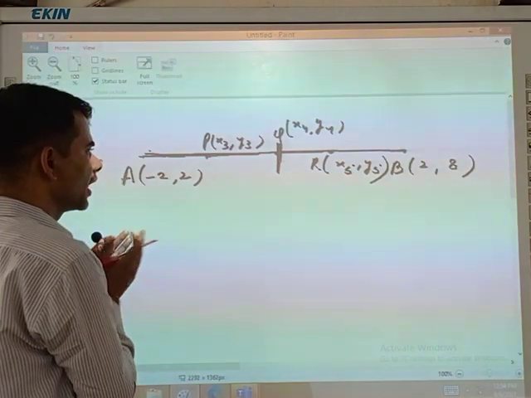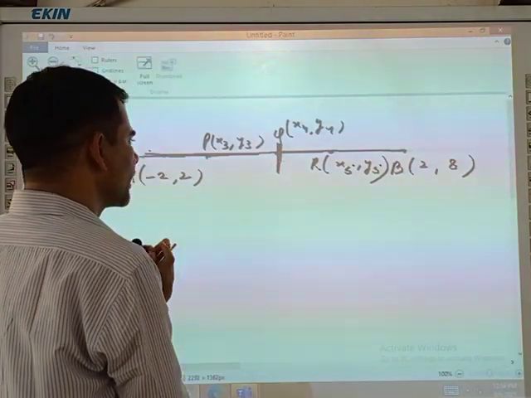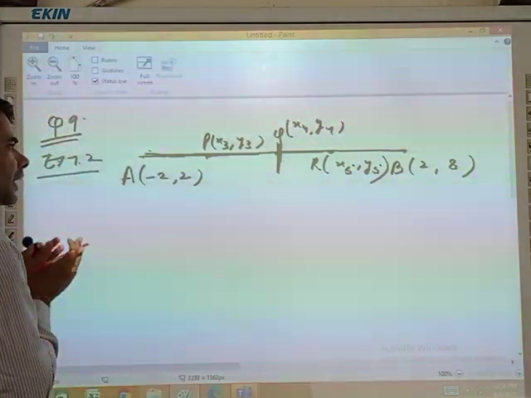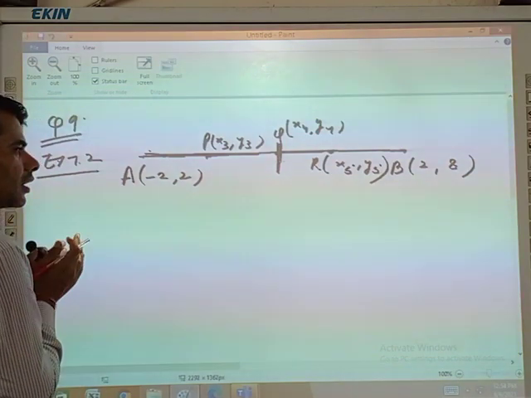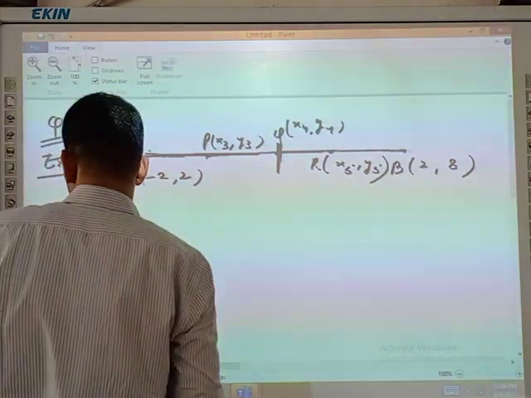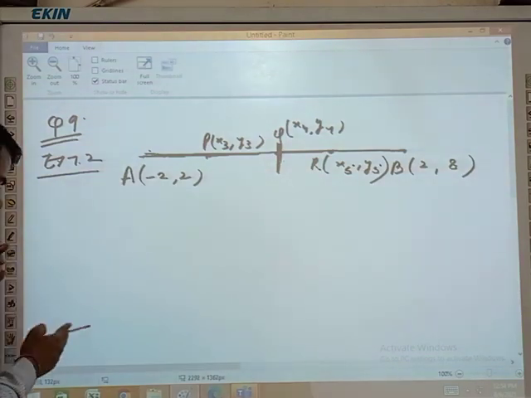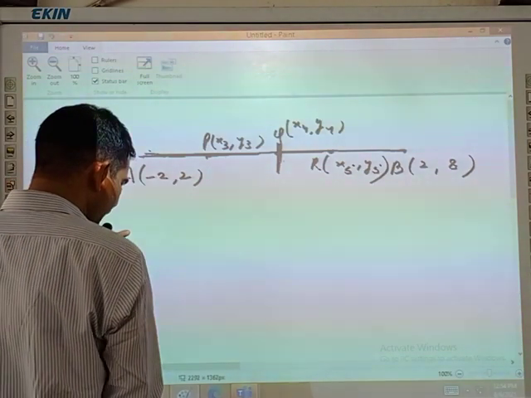And next, R is the midpoint of QB. It means this question totally can be solved by the midpoint formula. And 1:3, 1:1, and 3:1, you can solve by another method.